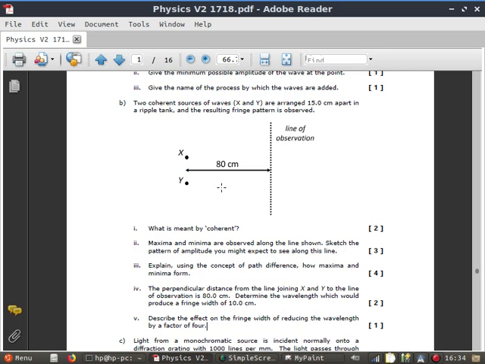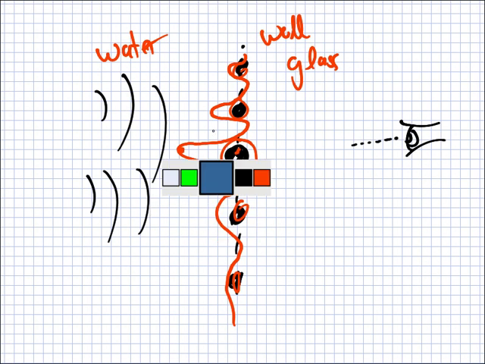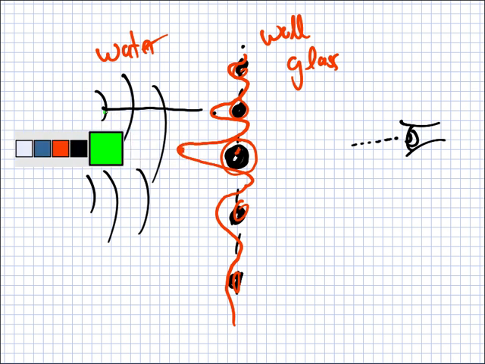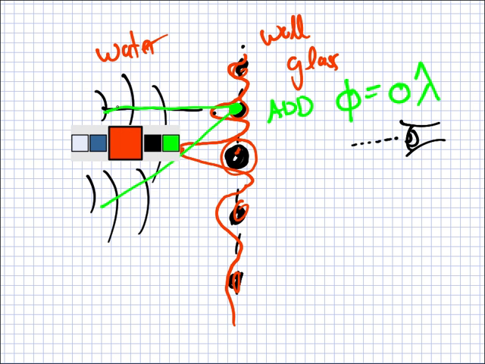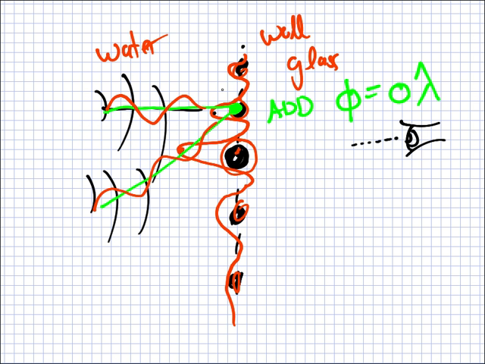Why do you have maximum and minimum? Well, what happens is, here you have a maximum. And the reason you have a maximum is when the two waves meet, they add to make a bigger wave. And this must be because the path difference is 0 wavelength. So what happened is you had a peak, and the two crests meet to make a bigger crest.